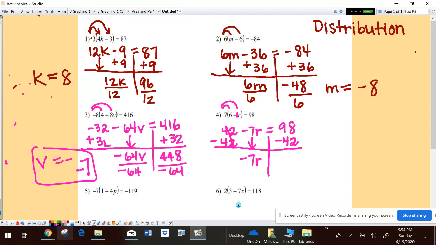Now I need to subtract my 98 minus 42, which is 56. And what do we need to do next? That's right, we need to divide by negative 7. And r will equal negative 8.